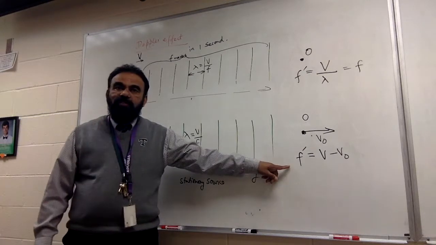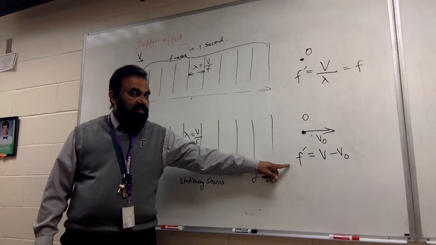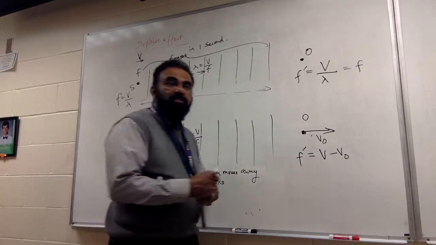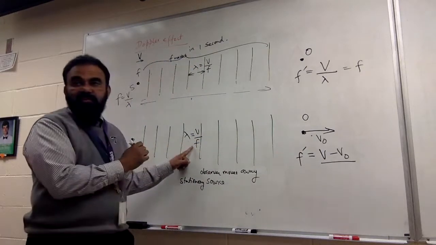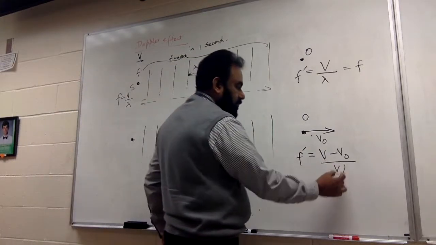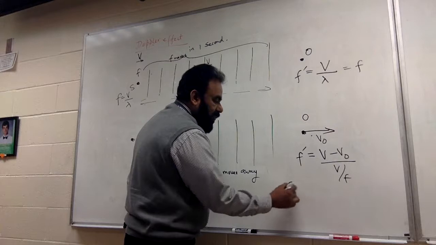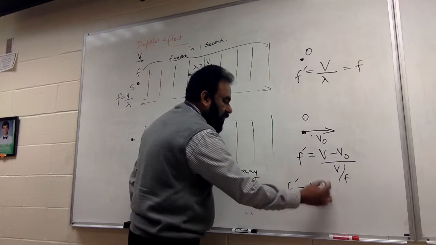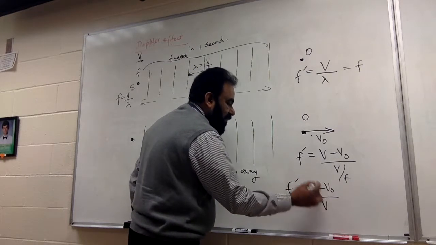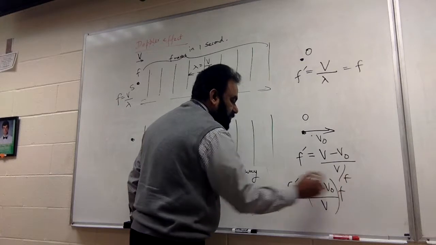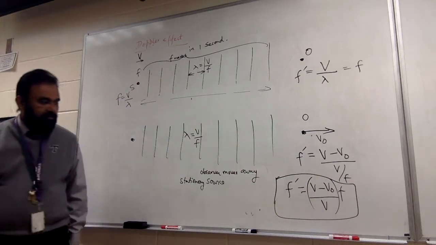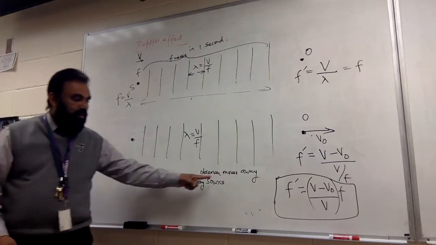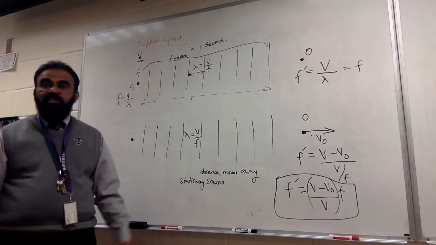All right. So this is the speed with which the waves are coming to him, that speed over lambda. Lambda is not affected. So your final equation is F prime equals (V minus V_O over V) times F. This is when the observer is moving away from the stationary source.